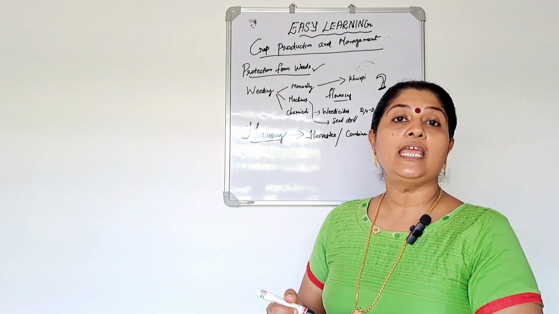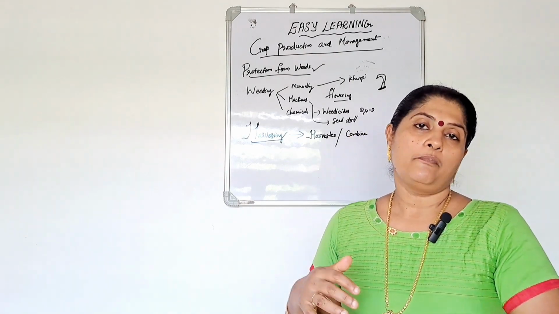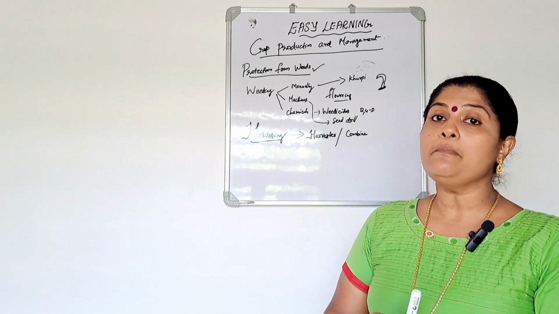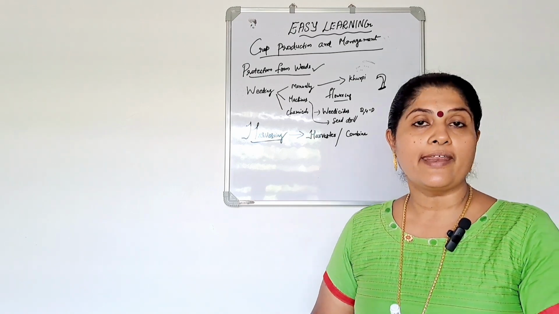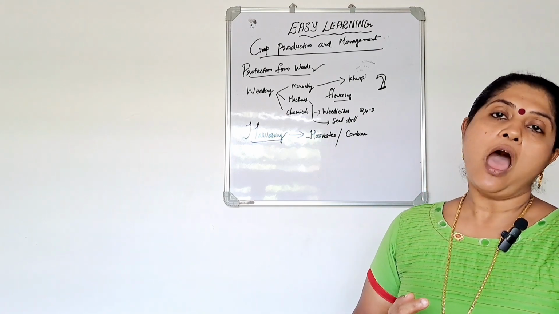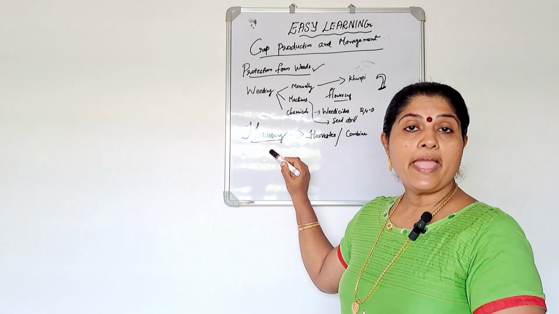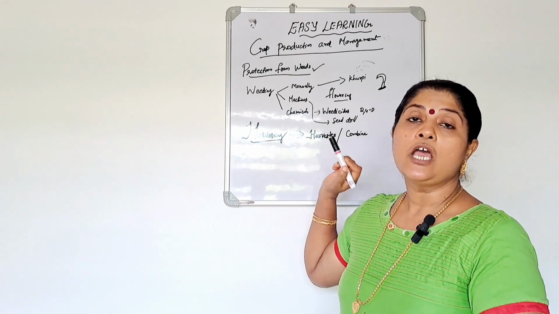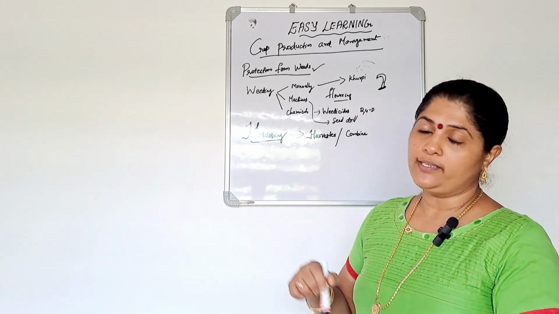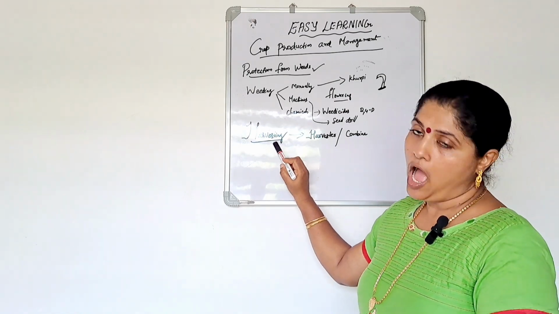Combine is another machine which is used for cutting the crops, and at the same time it is used for removing the grains from the chaff also. Harvesting means the process of cutting the crops once the crop gets matured.